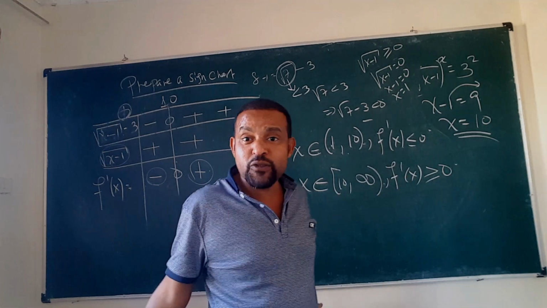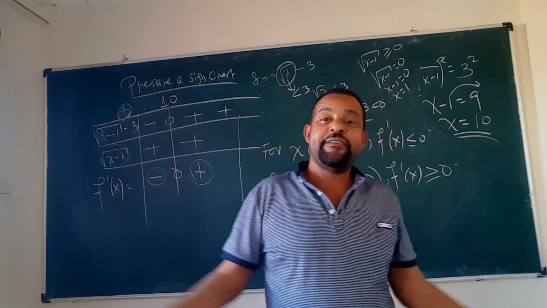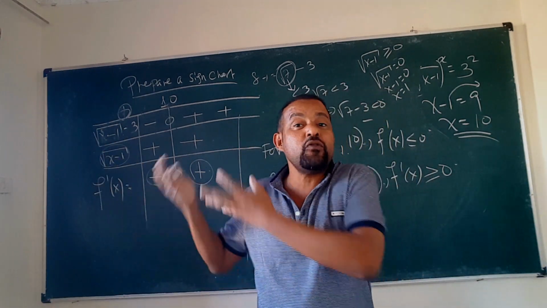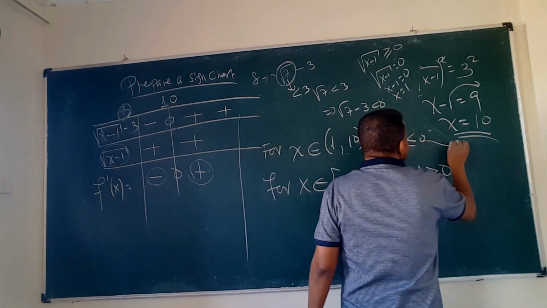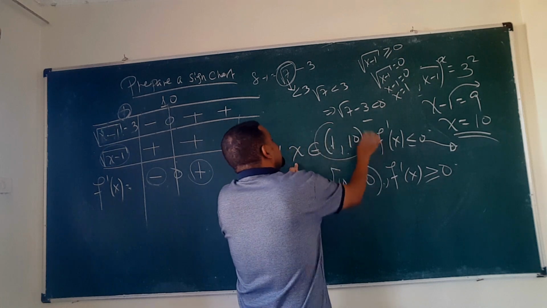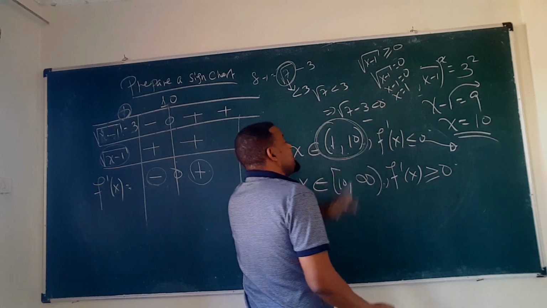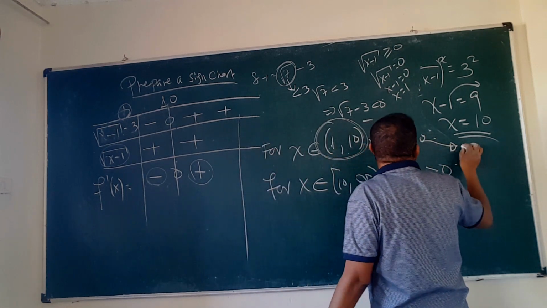Look, where the first derivative is negative, the function is decreasing. The decreasing test tells us so. So in the interval between 1 and 10, the function is decreasing; this is a decreasing interval.